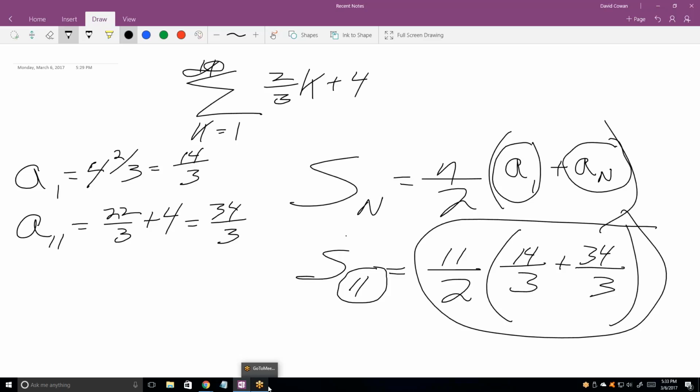And then my last question is, in the one we just did today, the bottom of the sigma was equal to 1. What if it's equal to something else? It doesn't have to always go from 1. You can actually go from 0 if you want.